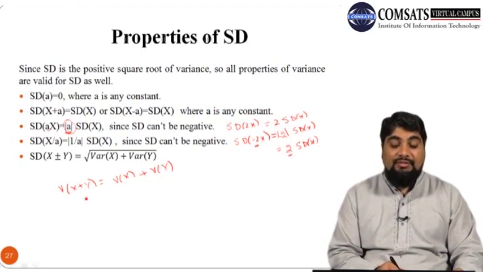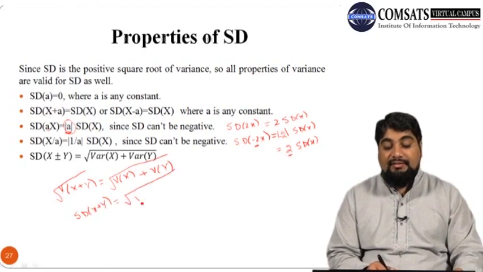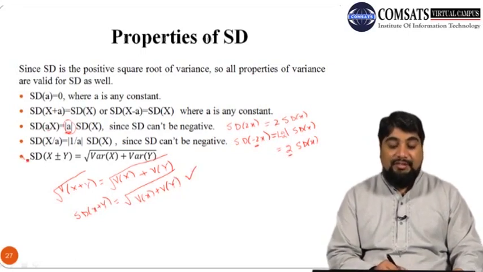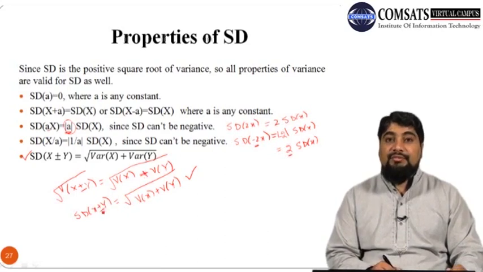So if we take the square root on both sides, this square root of variance we can write as standard deviation, and the right side as it is. So this is the same formula which is written here. Similarly, if we have a minus sign here instead of positive, the right side will remain the same plus sign, so if we take the square root, we will get minus on the left.